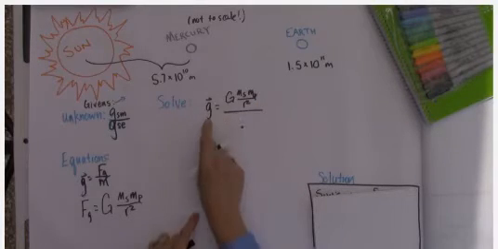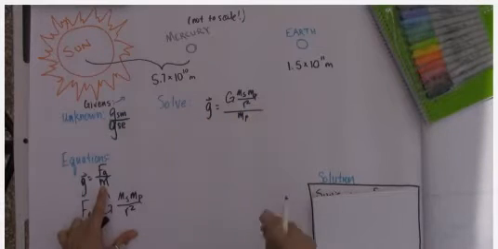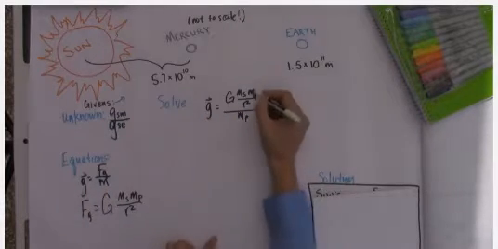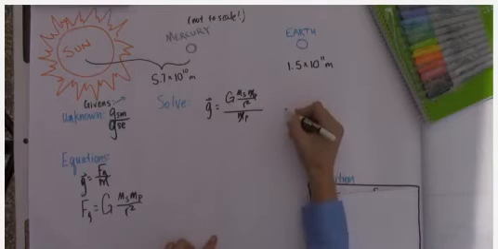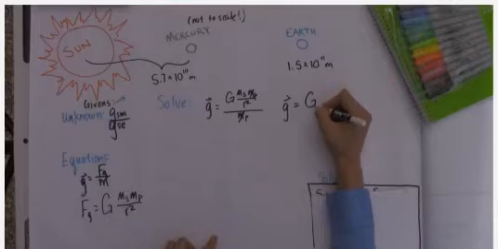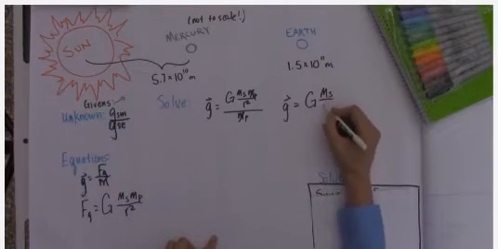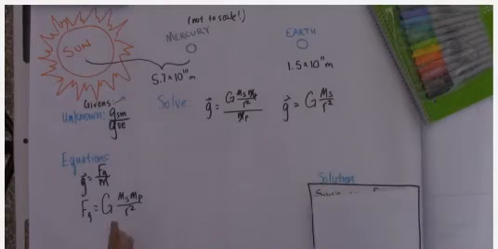All of that is going to be divided by the mass of the planet. So if you notice that these things cancel, you get that the gravitational field is G times the mass of the Sun divided by the distance between them squared.